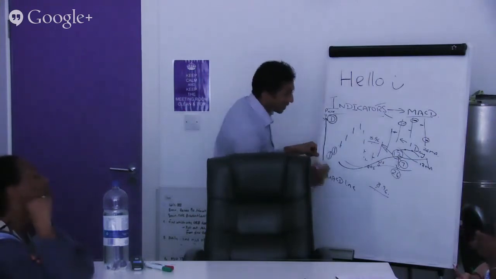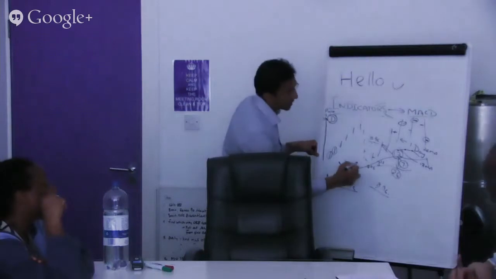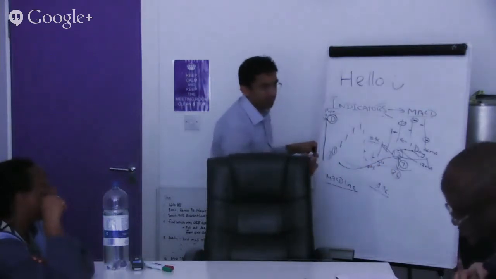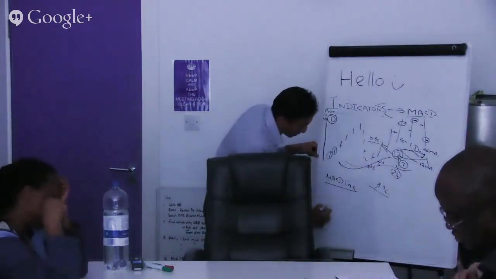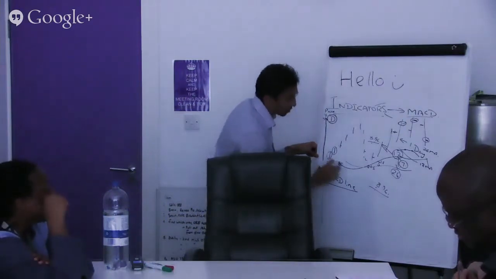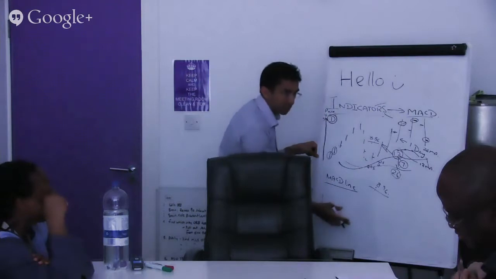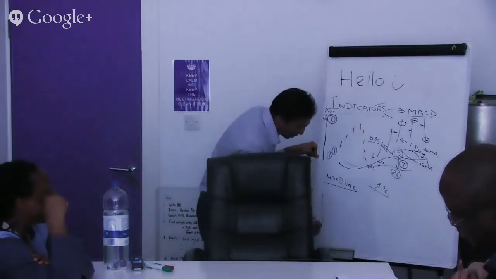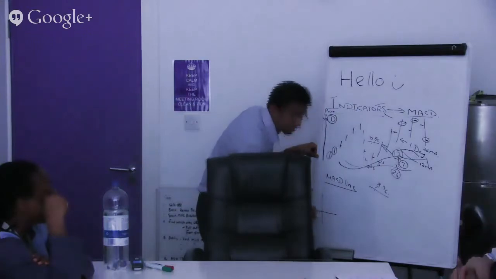So the MACD line indicates the gap between the averages. Remember the chart is on the top and the indicator is at the bottom, with an x-axis, a middle line, which is 0.